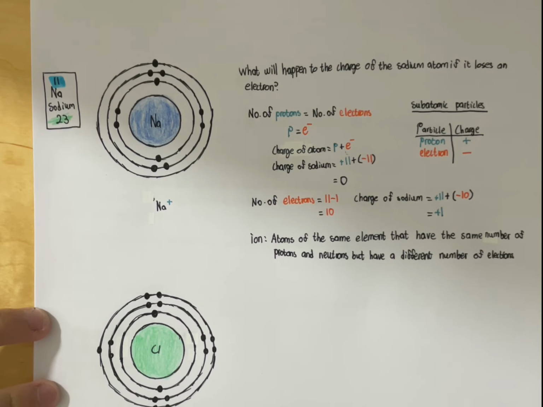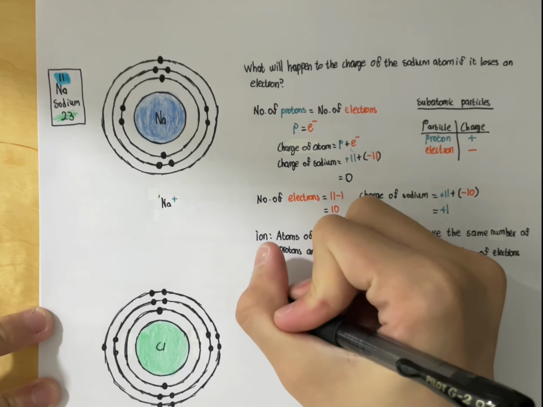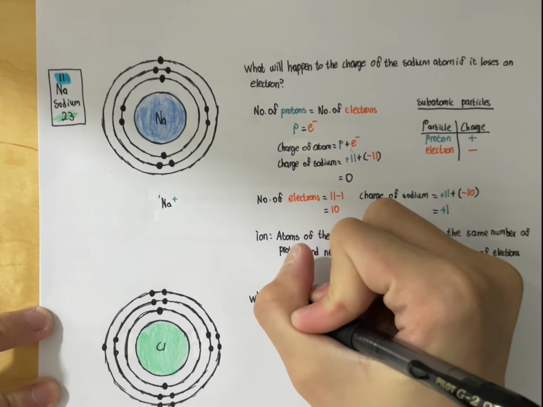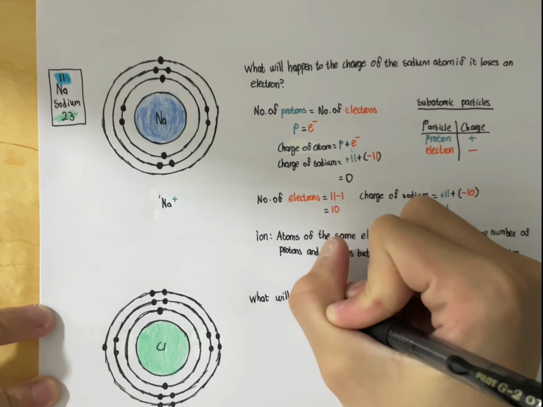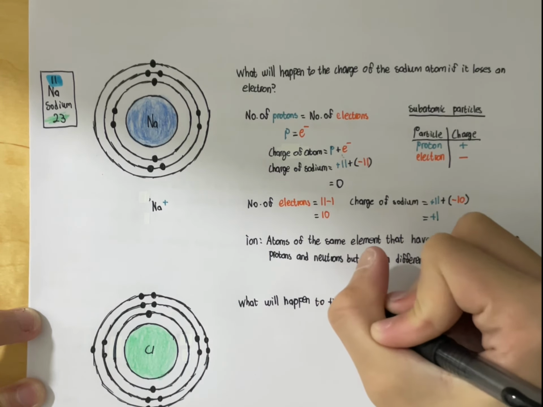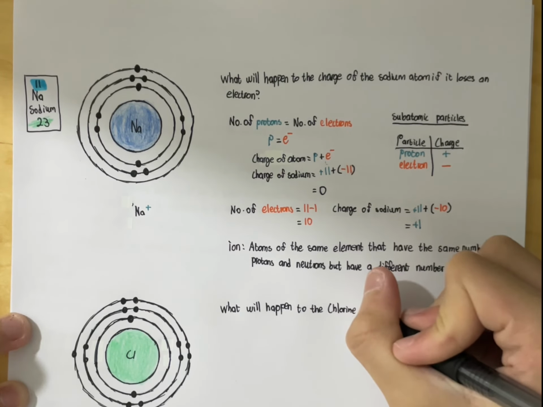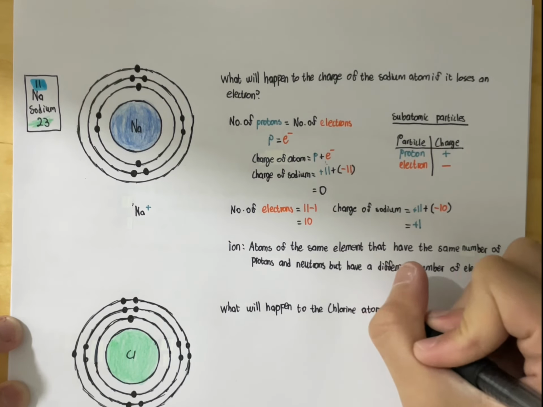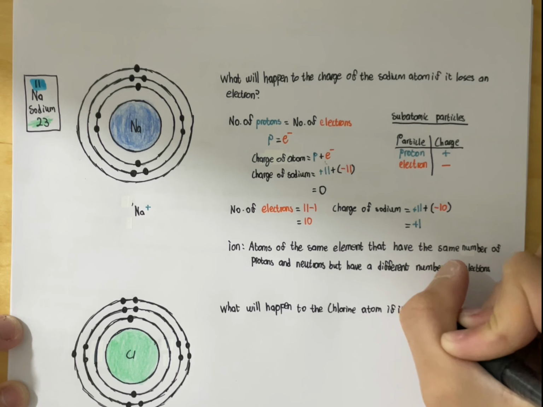Okay, so the last question for today is, what will happen to the chlorine atom if it gains an electron?